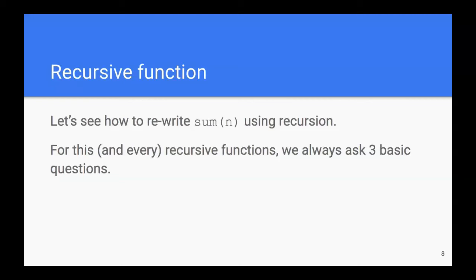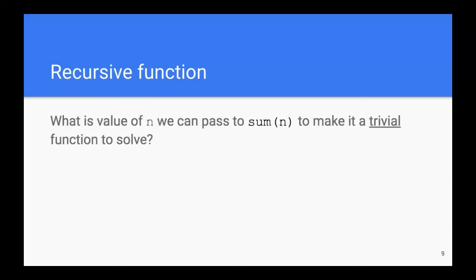Okay, and for this sum recursive function, and practically for every recursive function, there are really three questions that we always ask about these functions. The first question in case of sum is that we want to know what is the value of n that makes this function a trivial function.